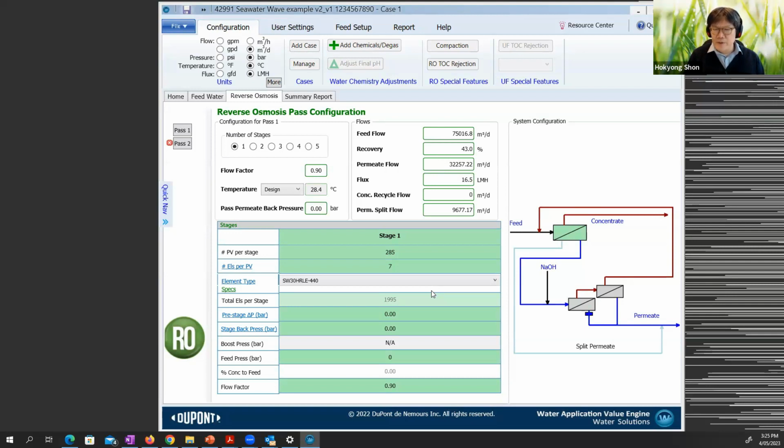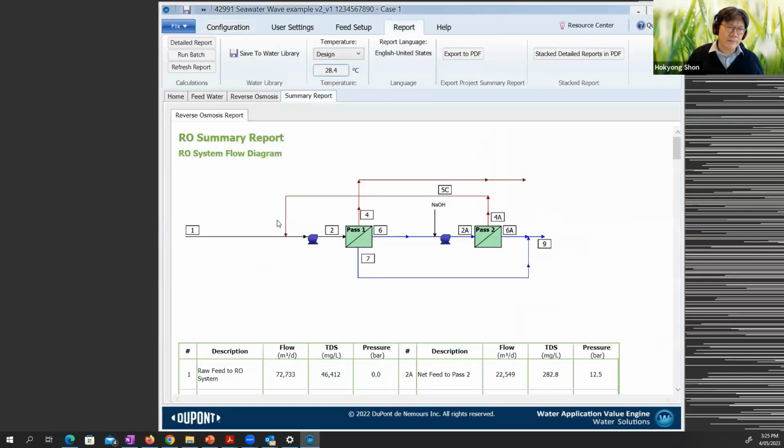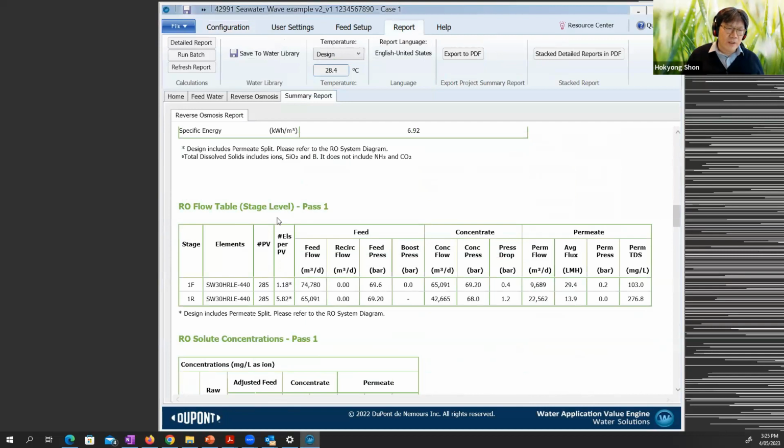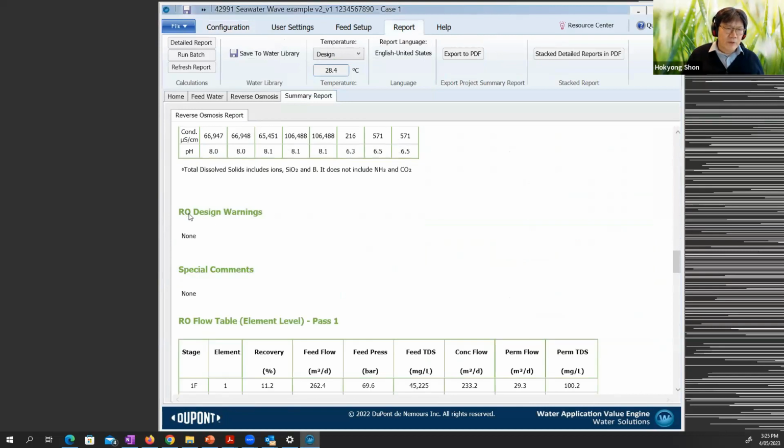Otherwise, as long as you have a summary report, what I am concerned about is the design warning. So when you click the summary report, you will have your design report. Here in the design report, this is the most important. Our design warning is nothing.